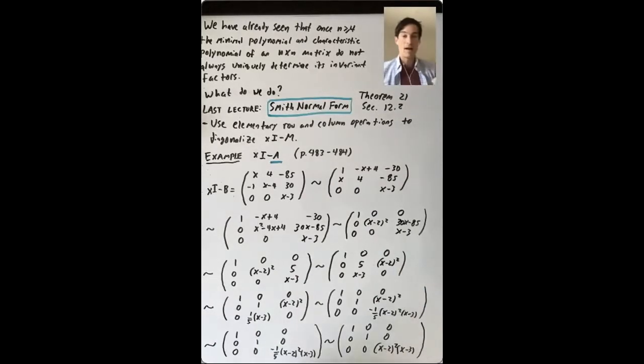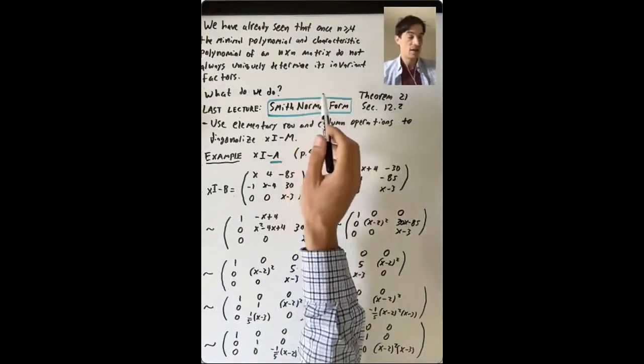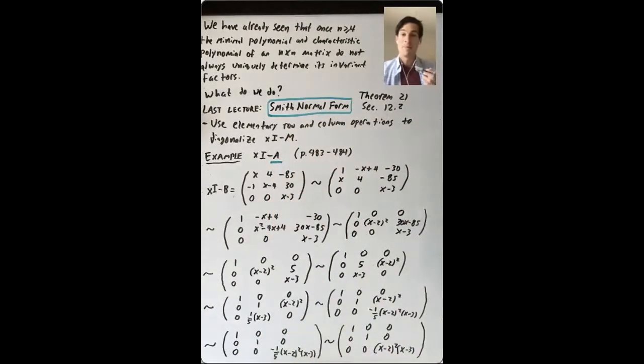So I'll show you how to do that in one example. But I also claim that this process of computing the Smith normal form by elementary row and column operations is going to answer some additional questions that just computing the characteristic and minimal polynomials won't answer for us.